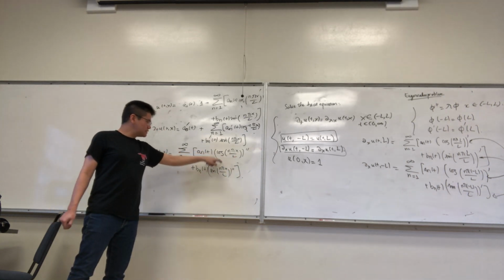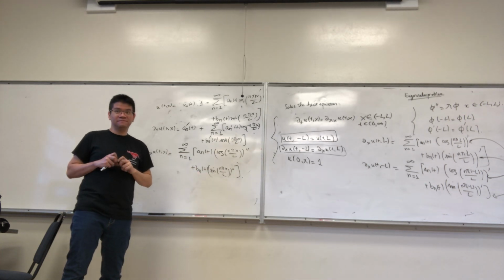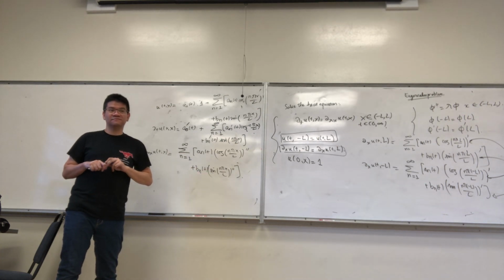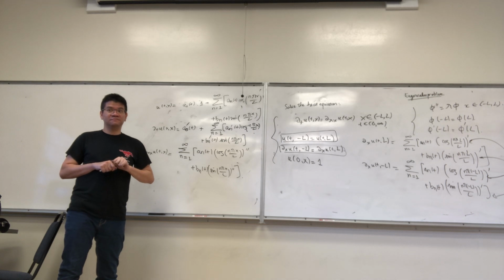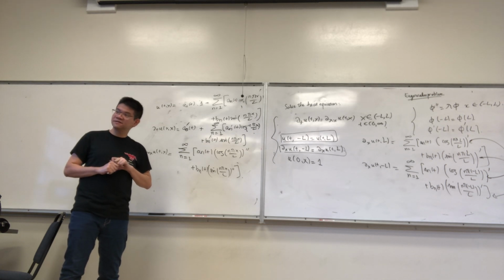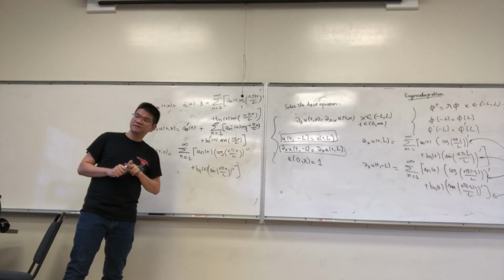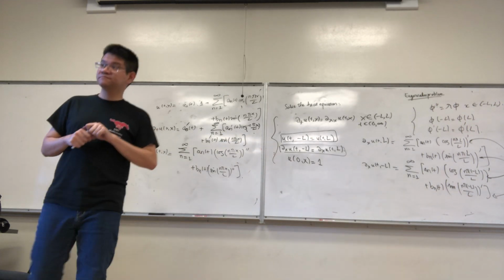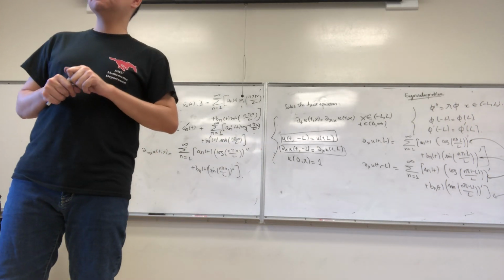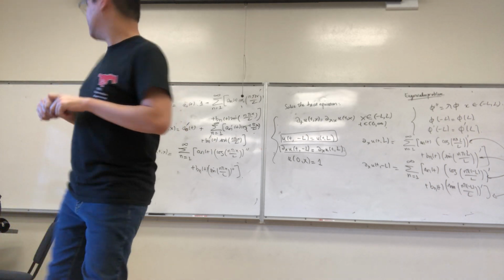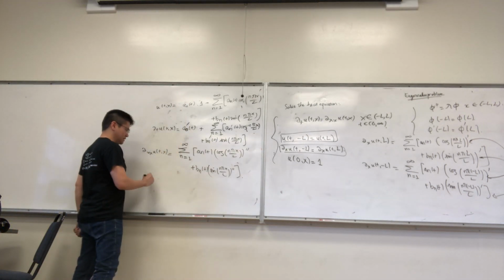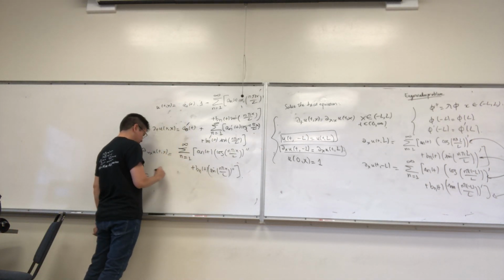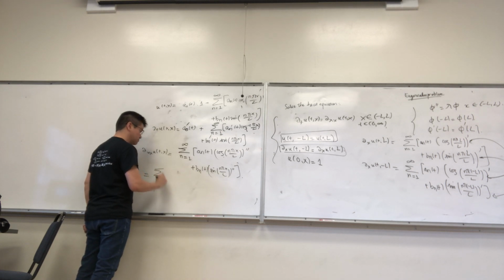What can I say about cosine and sine second derivatives? They are originally part of the basis of phi n, the eigenfunctions, right? So I can replace this guy using the eigenfunction property.